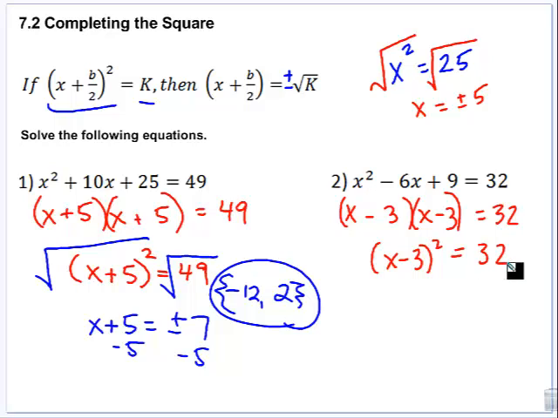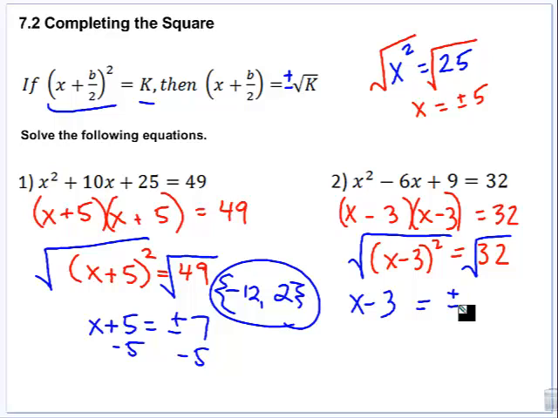is equal to 32. Now, many of you should jump down to that second step right from the first one. So now we have something squared equaling 32, so we can take the square root of both sides. Doing so, this leaves us with x minus 3 is equal to plus or minus the square root of 32.